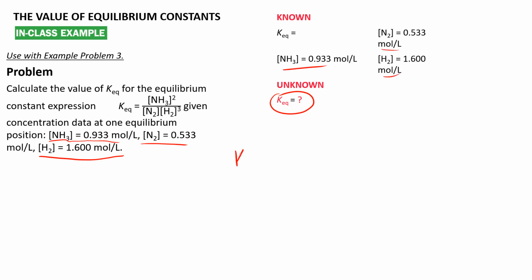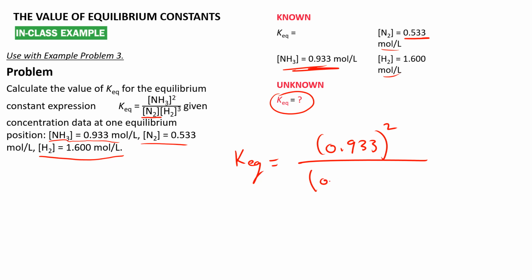That's it. So K equilibrium equals concentration of NH3 to the power 2. When ال NH3 هي هاي. So 0.933 to the power of 2 over concentration of N2. كم ال N2 عطانا هو 0.533 times H2 to the power of 3.